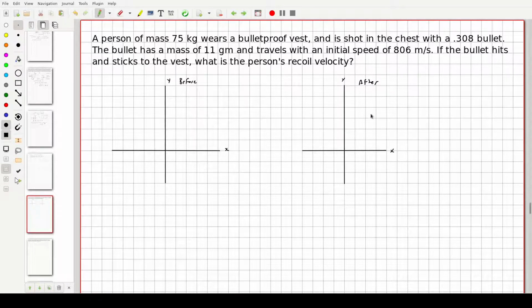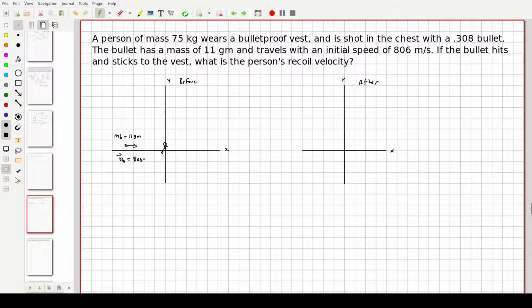Before, what you have is a person, we'll say, standing at the origin here. So here's a person wearing their vest, and then here's your bullet traveling to the right like this. Your bullet, which I'm going to say has a mass of m sub b, 11 grams. We'll have to convert that. And it also has an initial velocity. It's the bullet's initial velocity. It's to the right.